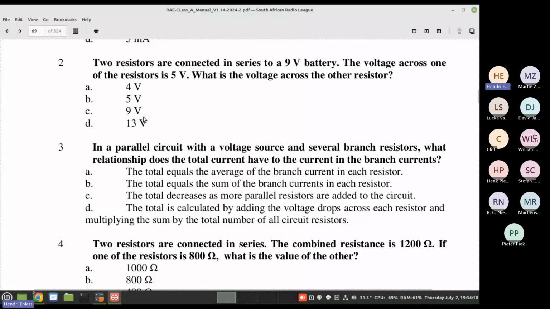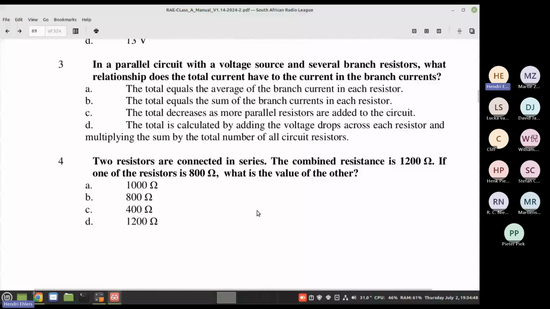So I'm not allowed to answer. You guys must answer. I'll take a chance at B. B is correct. Bravo. That's very good. Yes, the total equals the sum of the branch currents. So whatever goes in on the one side comes out the other side. If there's 1 amp going in one side, it comes out the other side.